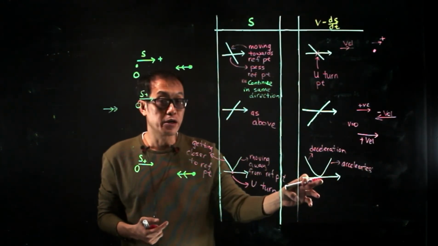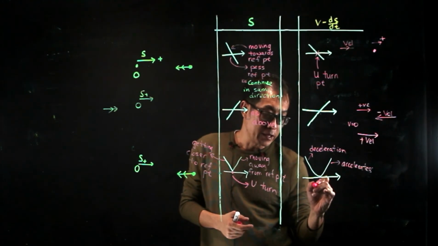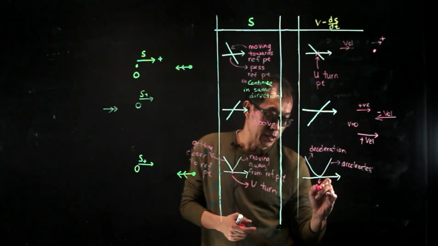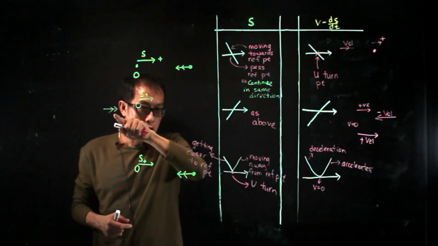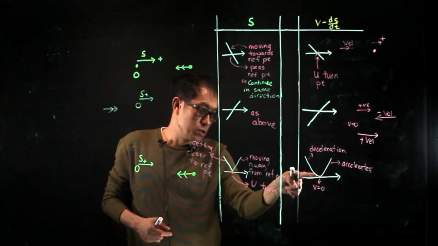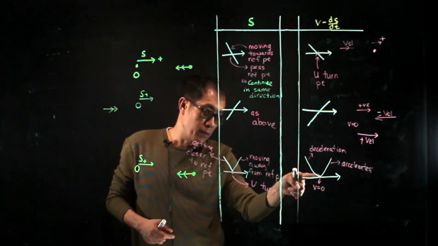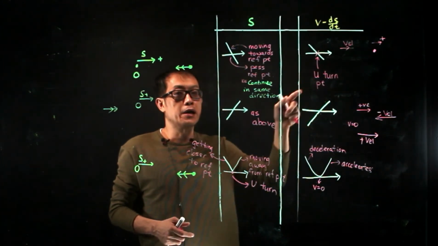This one means the object comes to rest momentarily. So this part velocity is 0. It slows down, stops. At this point, it stops, then it accelerates again. Its velocity picks up again.